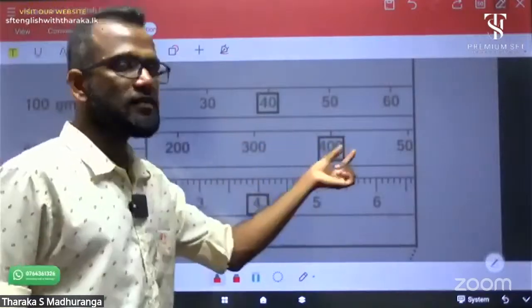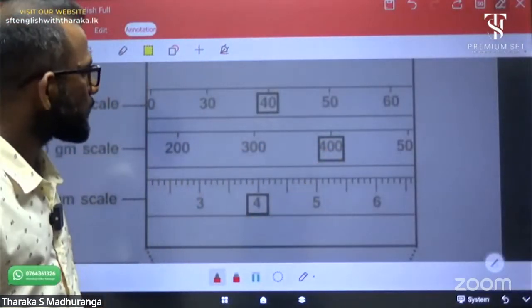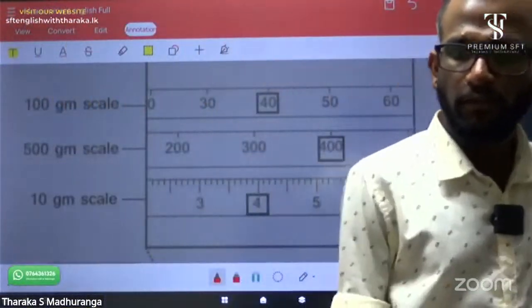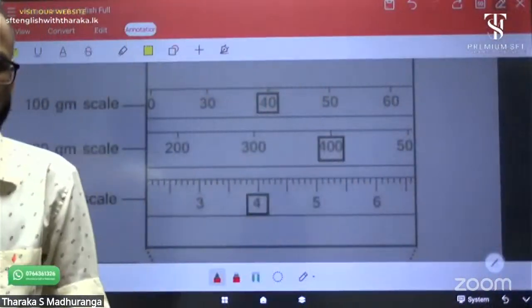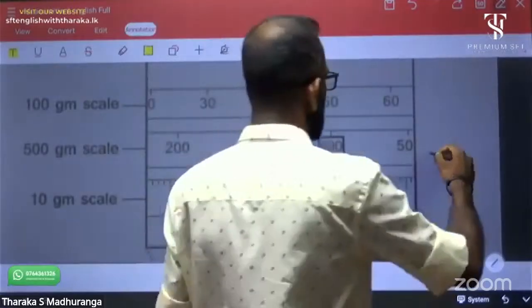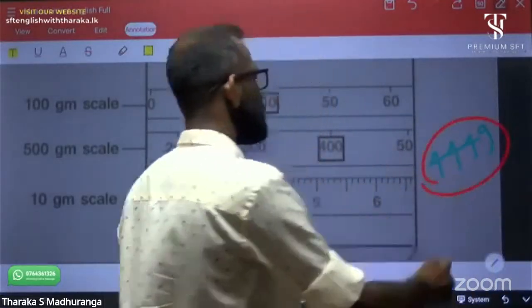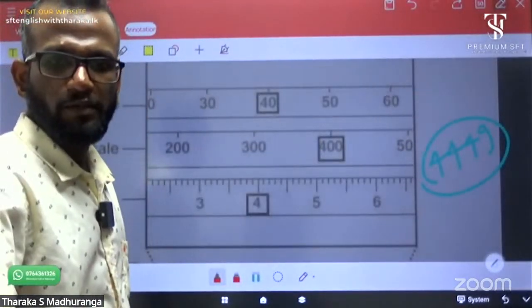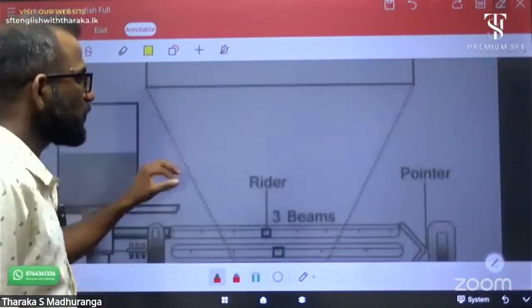This heaviest mass 400. Yes, very good. Great, 444 grams. Perfect. 444 grams.